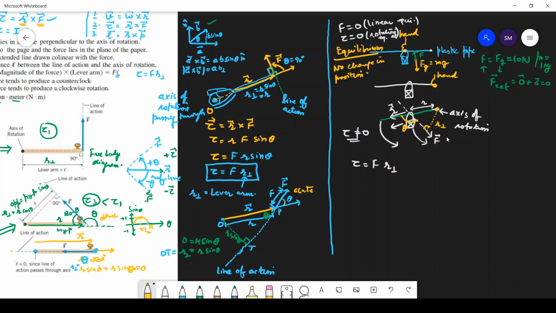So here there will be rotational motion. Here the torque was 0, but as you increase this R, now hold your bag here. So this is case 1, this is case 2, and in case 3, I am holding the bag.